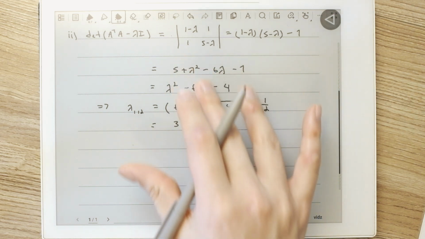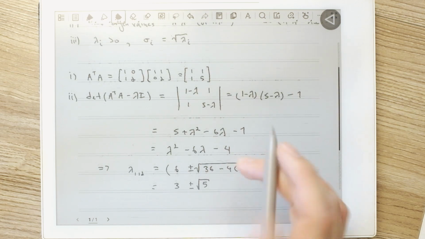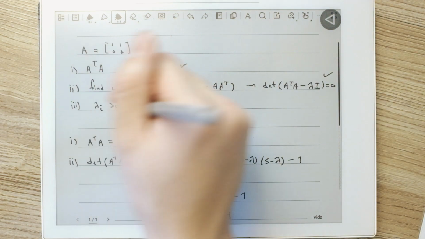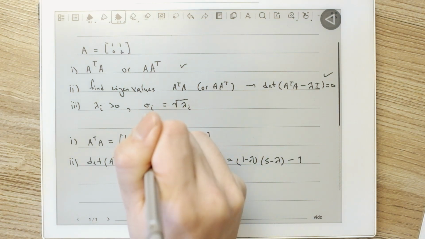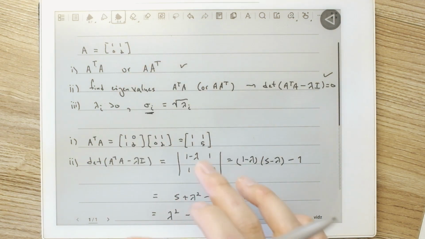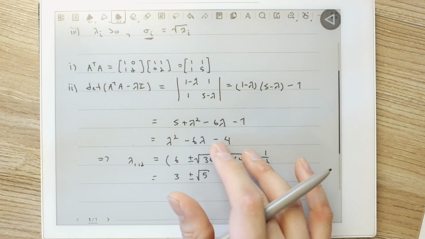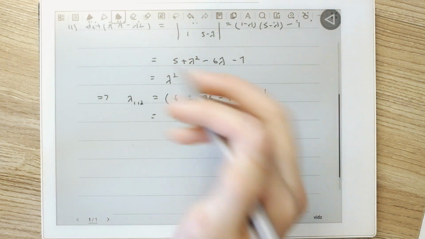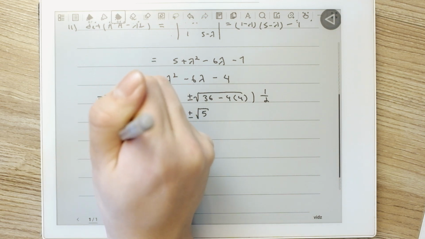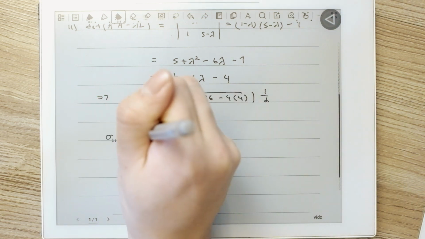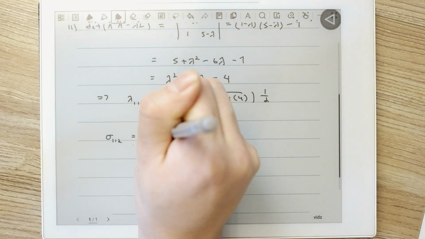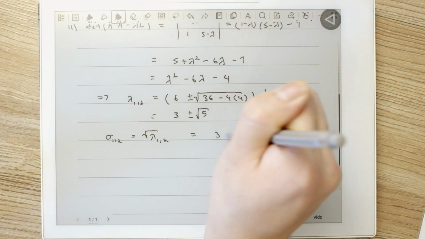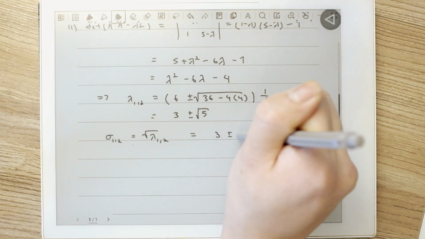Okay, let's go back. Our second step is done, check. Our third step here is to find our sigma values. So how do we do that? Basically, we take the square root of this. So our lambda values here would mean that our sigma values are equal to the square root of 3 plus minus the square root of 5.